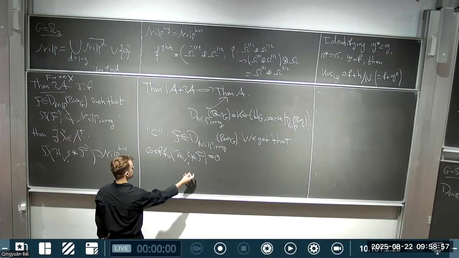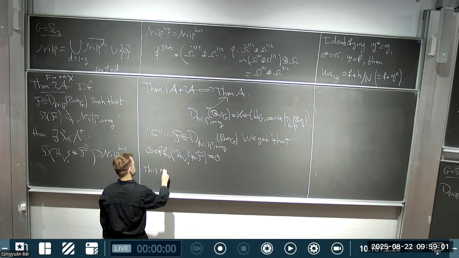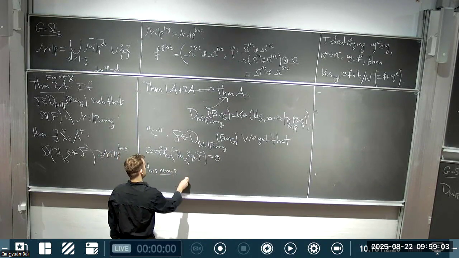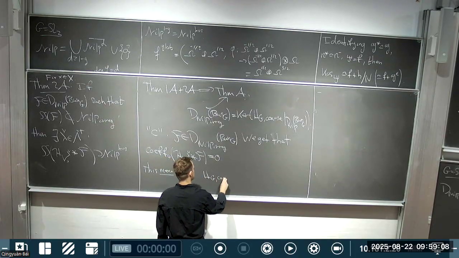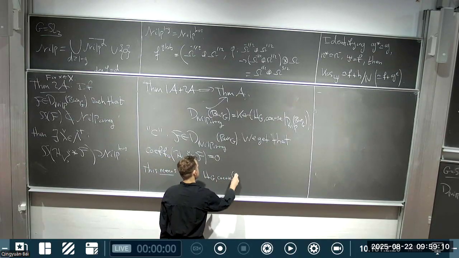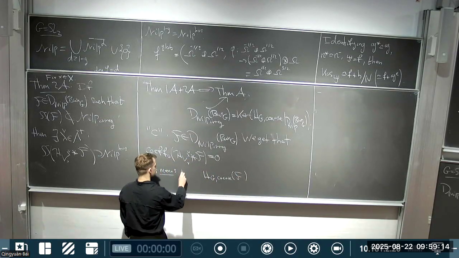So what does this mean? Concretely, this means that when you take LG course of F, this is a quasi-coherent sheaf on the locus restricted.